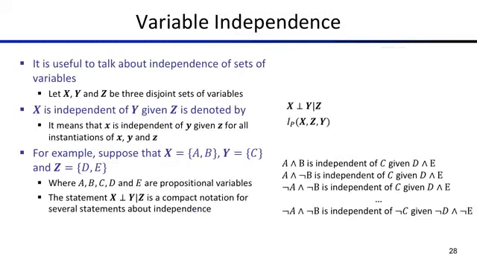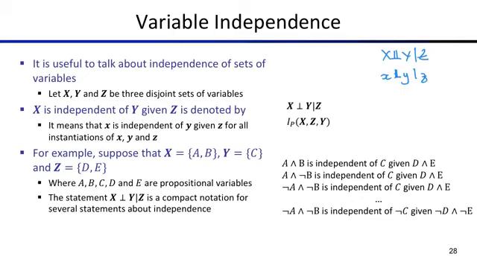So we can extend this notion of independence from events to variables. If we have three variables, x, y, and z, and we want to say that x is independent of y given z, we have to show that for every possible instantiation, little x, little y, and little z, the event x is independent of y given the event z.